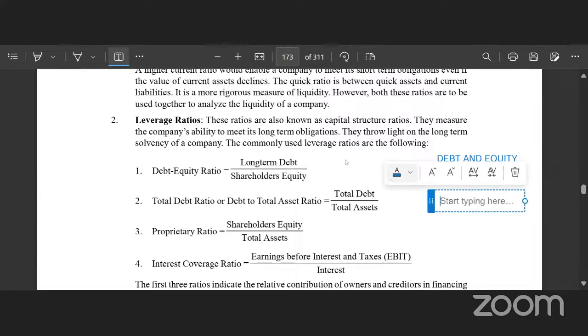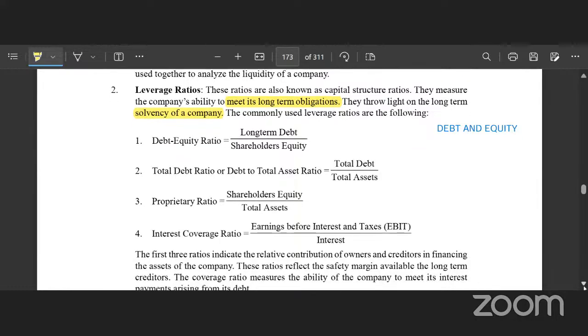In the earlier case, the liquidity ratios were used to meet the company's short-term obligations, and the leverage ratios are used to meet the company's long-term obligations. They throw light on the long-term solvency of the company, whether the company is able to cope up with the challenges in the long term.